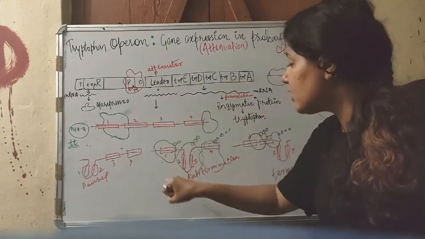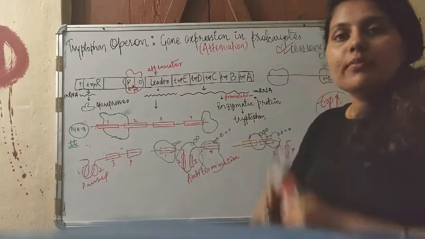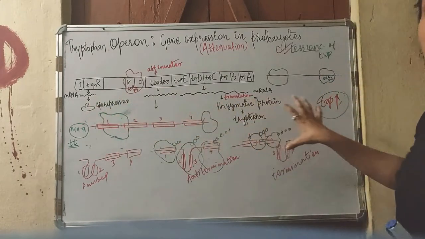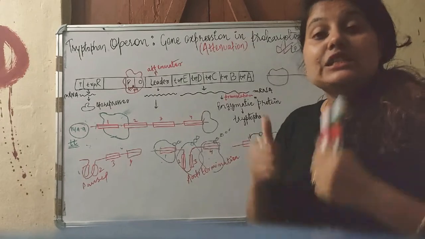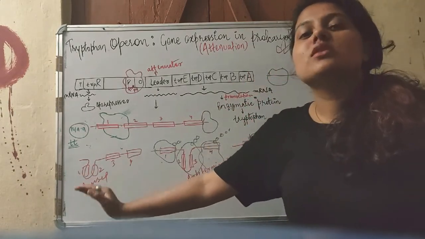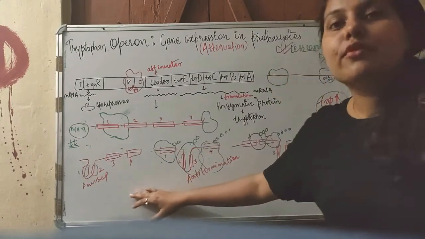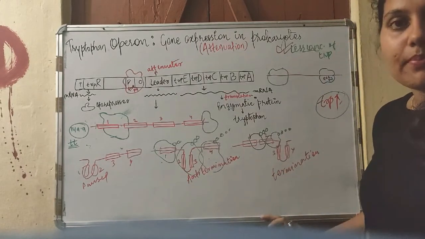When 3 and 4 form a termination hairpin loop, the ribosome will not be able to pass. If the ribosome does not pass the termination hairpin loop, then translation will stop, and hence the synthesis of the polypeptide will also stop, right?